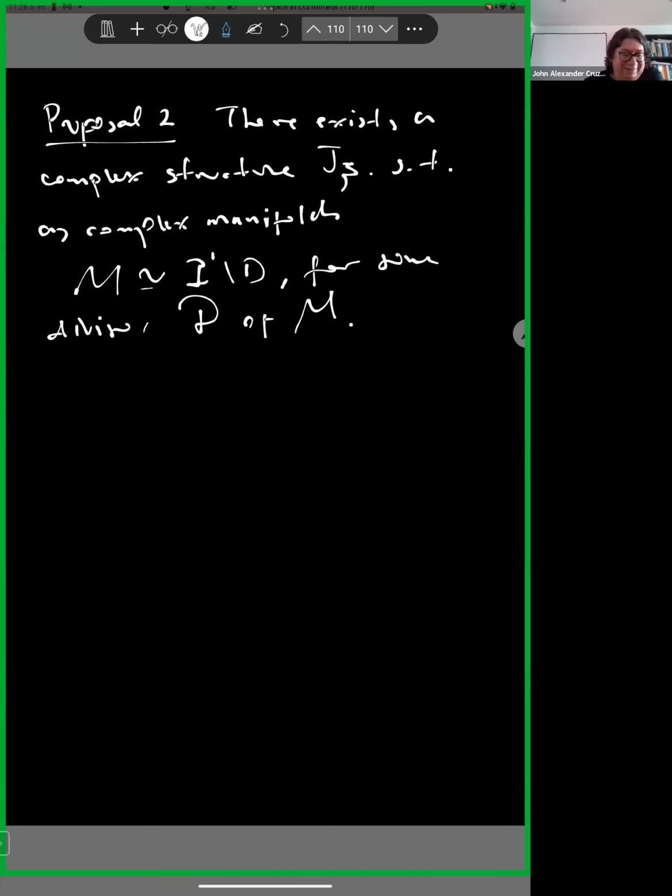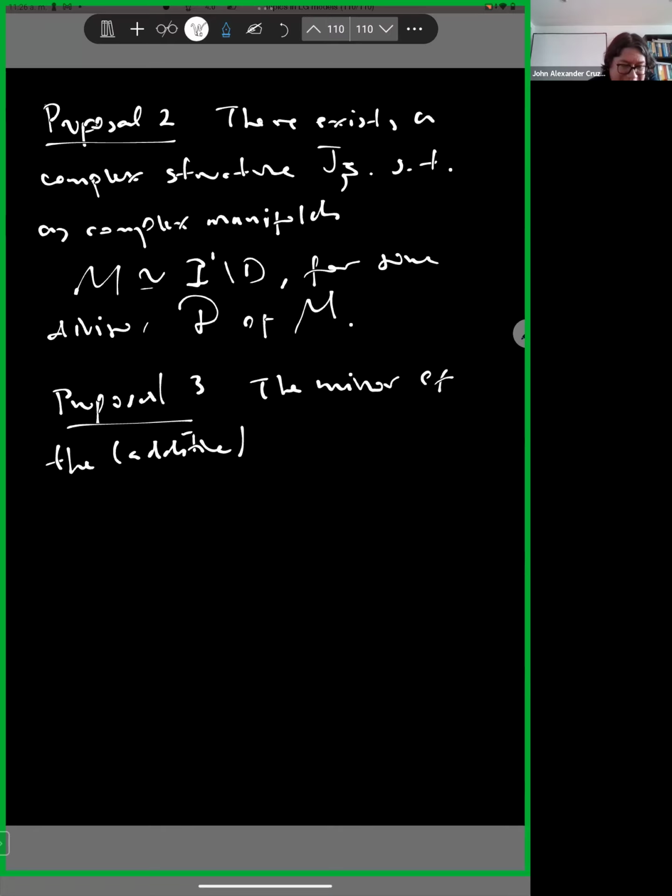And then that's the third proposal, right? The mirror of, let me call it the additive variety M. Of course, I am using additive and multiplicative in a not very precise way, but I think you can understand what I mean.